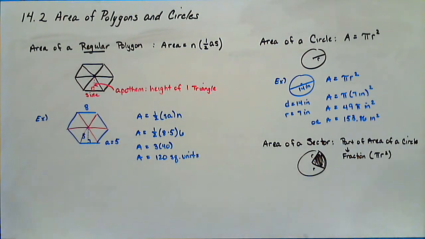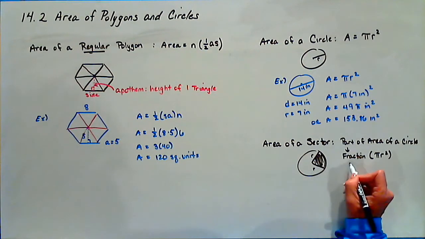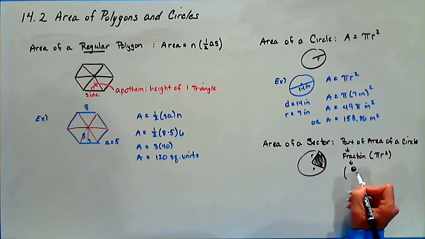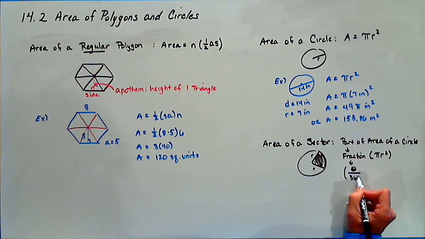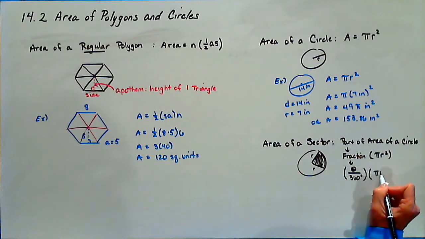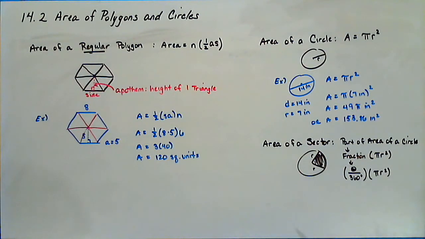And so just like we did before, in order to figure out that fraction, what fraction do we need? We need to know what piece out of the 360 degrees are we going to use. So we're going to use that central angle theta again. So what theta out of 360 are we going to use? So let's say, for example, how about we want a 40-degree wedge?